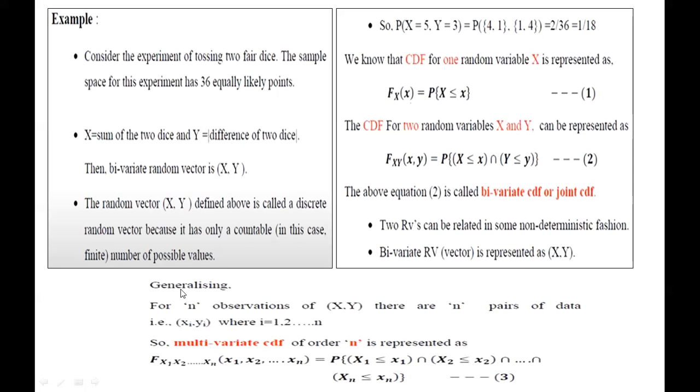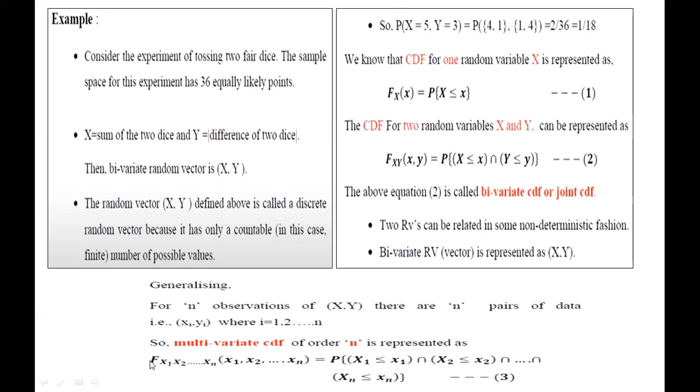Now, in general, for n random variables or n observations, there are n pairs of data, that is xi, yi. So the multivariate CDF of order n can be represented as, see here, the notation capital F with x1, x2, x3, so on up to xn. That means n random variables are considered.